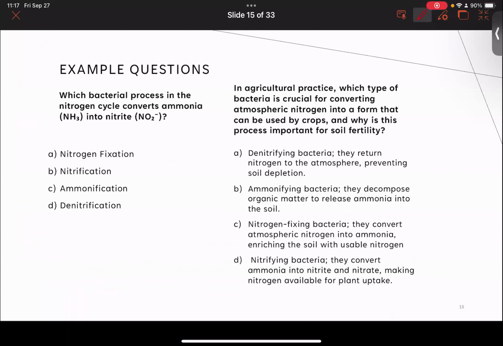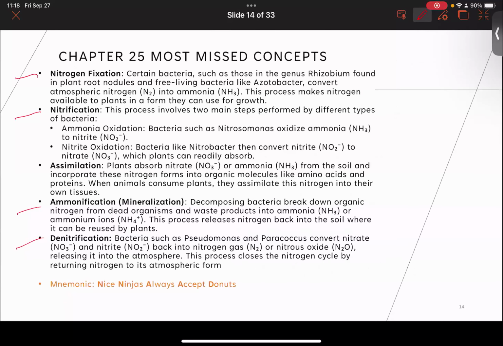All right, so anyways, which bacterial process in the nitrogen cycle converts ammonia? These are harder questions than what you're ever going to need to know. But hey, which one would be converting ammonia into nitrite? And y'all, literally, I don't know the answer to this question, and I wrote it like a month ago. So I would have to look this up, and I'm not even kidding.